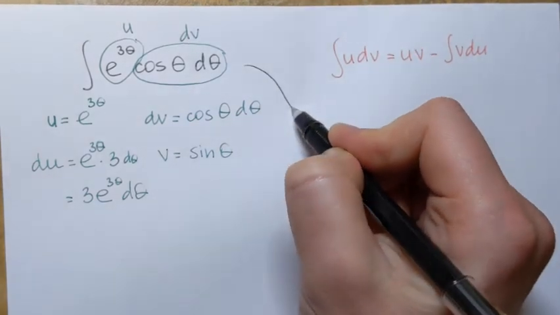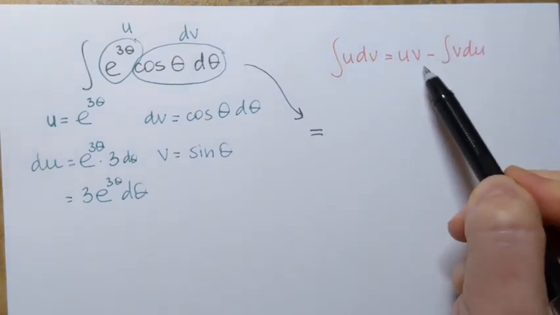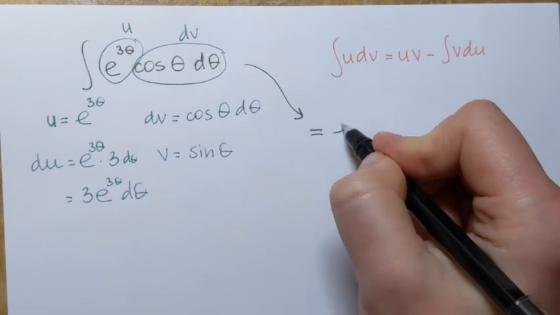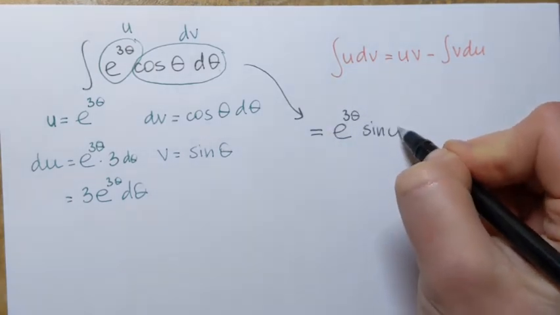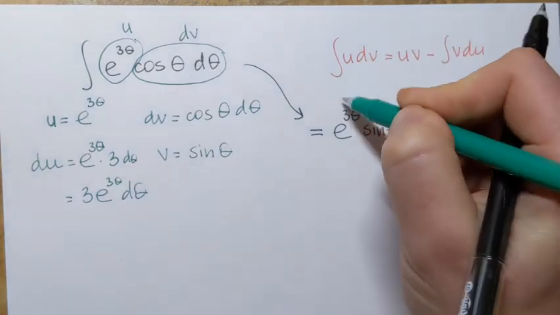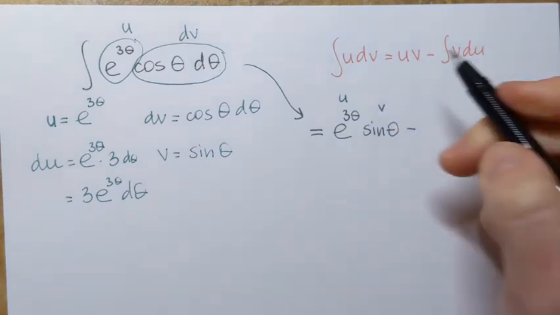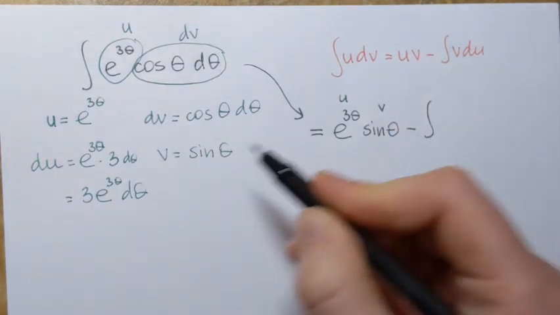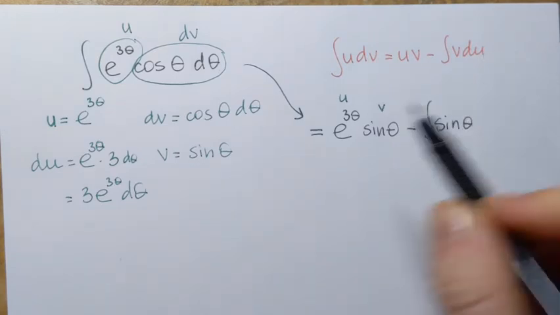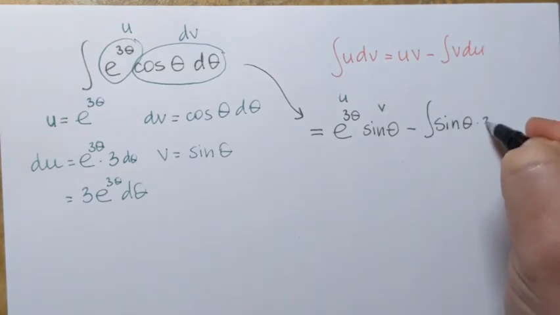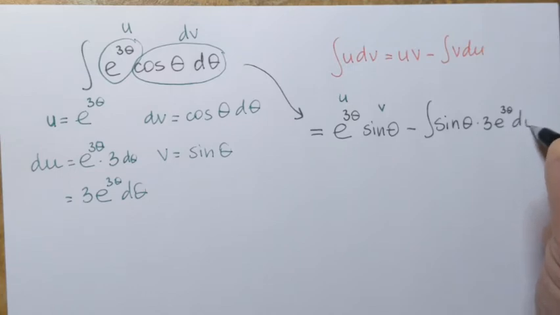Equals, now the right hand side, u times v. u is e to the power 3 theta, v is sine of theta, minus the integral of v, which is sine theta, times du, which is 3 e to the power 3 theta d theta.